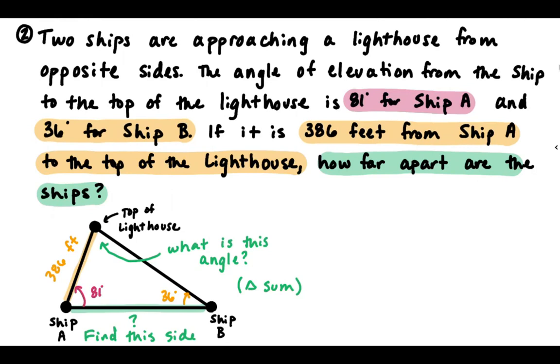Once you've got that angle filled in, you have everything you need to do a law of sines problem just like we were doing up above. I'm not going to fully set up the law of sines equation for you, but remember it looks like this: a side divided by the sine of the opposite angle, and we've got a green pair in this problem, equal to a side divided by the sine of an opposite angle, and we have a yellow pair.